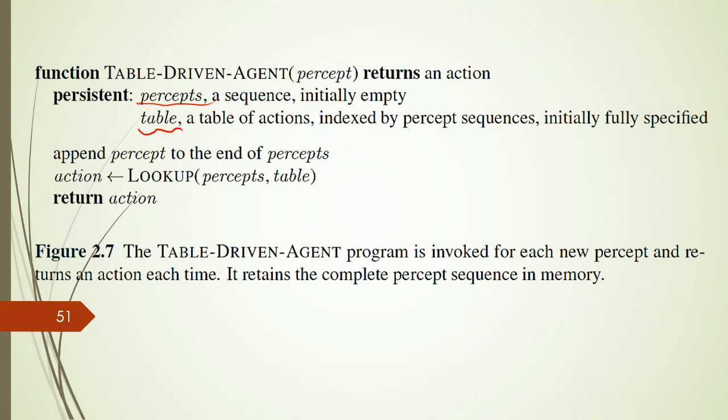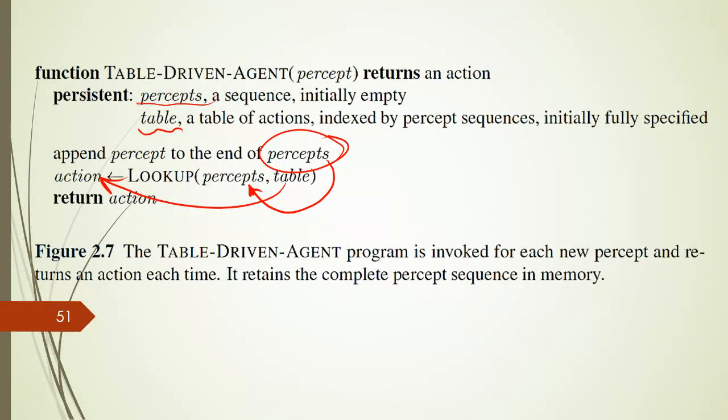You give the percept, it gives back the action. Every new percept will be appended to your previous percepts. Any new input is added to the chain of previous inputs. Then, based on this, go to the table and find out what action I have to take.